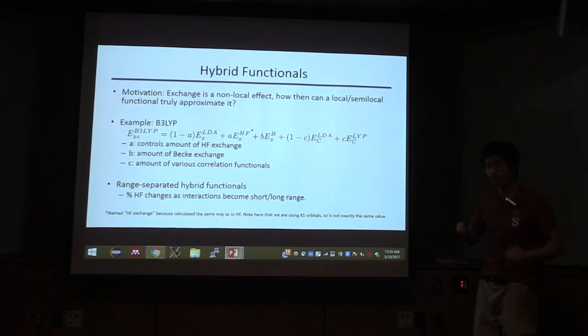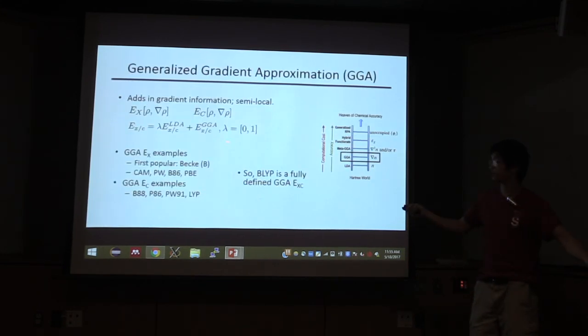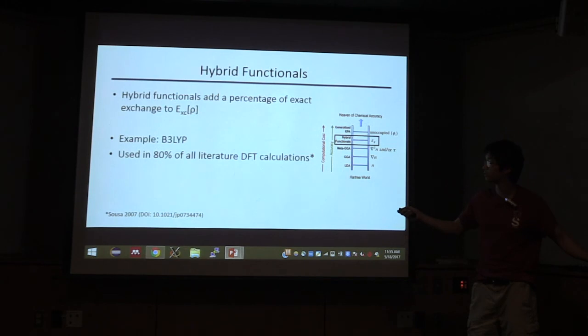So BLYP was a GGA functional, right? So that's why in the B3LYP equation, it has LDA in it. Just remember, GGAs are sometimes added on as corrections.